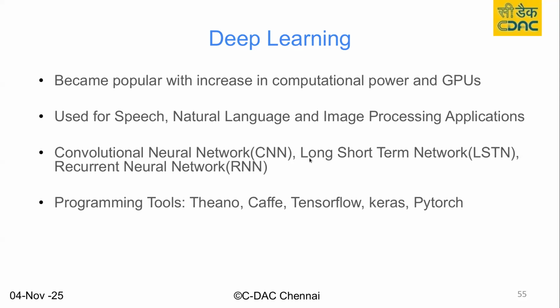For natural language processing and speech recognition problems, we use long short-term memory networks or recurrent neural networks. Programming tools like Theano, Caffe, TensorFlow, Keras, and PyTorch were used to program and build these neural networks. You don't have to write all the mathematical equations; these tools support frameworks to build each neuron much more easily than writing the entire mathematical equations associated with the multiplications.